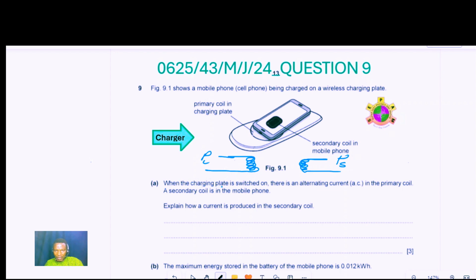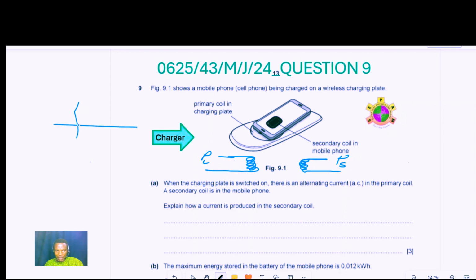When the charging plate is switched on, there is an alternating current. The current that flows into the primary coil is an alternating current. There are two types of current. Alternating current is a current that fluctuates.